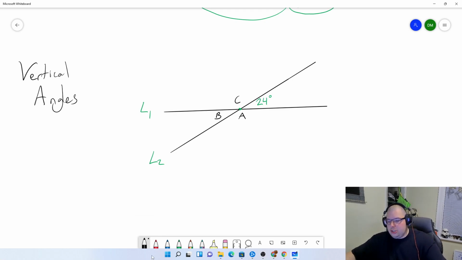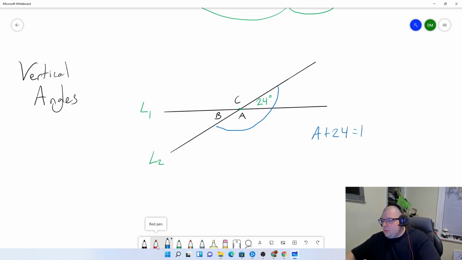So first I'm going to show you that these two angles, 24 degrees and angle A, form a straight line L2. So A plus 24 degrees should equal 180 degrees, because they're supplementary, they form that straight line. So 180 minus the 24 tells me that A is equal to 156 degrees.